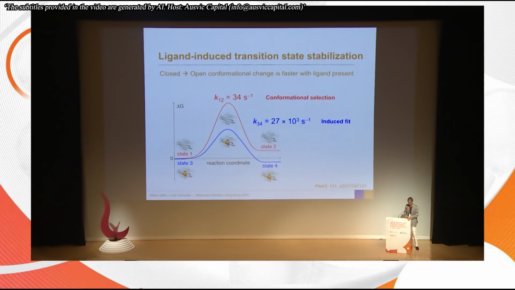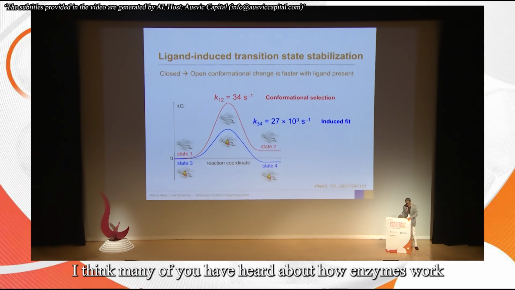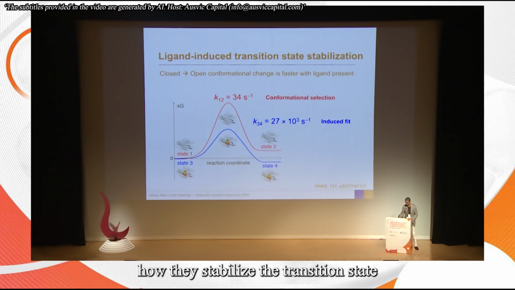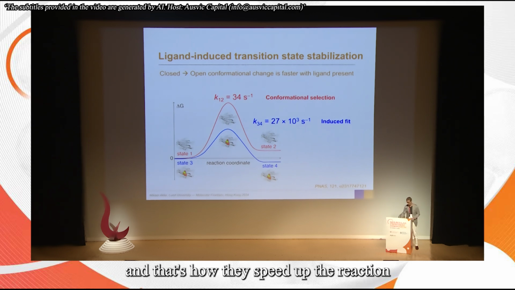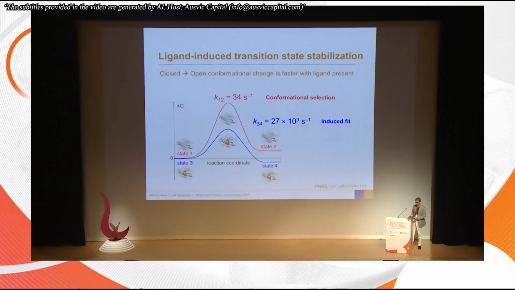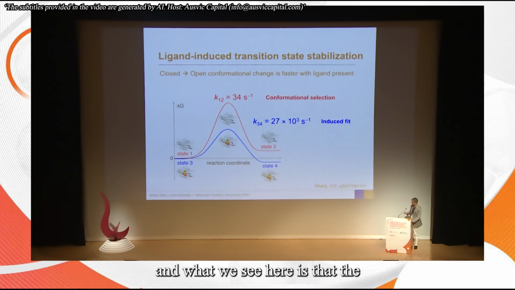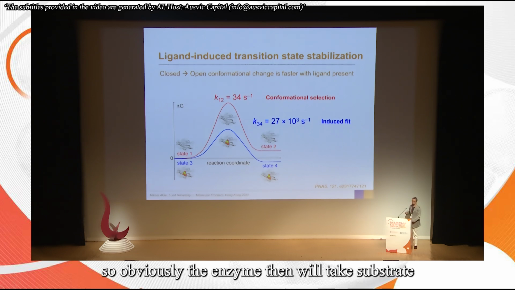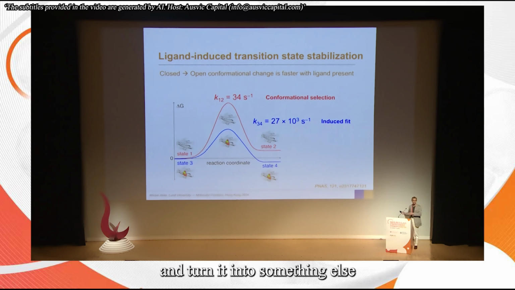So I think many of you have heard about how enzymes work, how they stabilize the transition state. They lower the energy barrier, and that's how they speed up a reaction. And what we see here is that, well, let me take one step back. Obviously the enzyme will take substrate and turn it into something else.